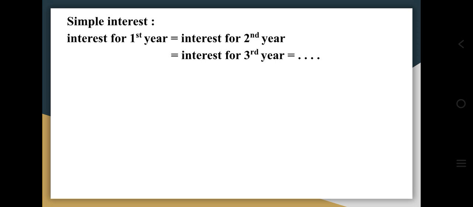So for the first 2 years, it is just 2 times interest for the first year. For 3 years, it is 3 times interest for the first year.